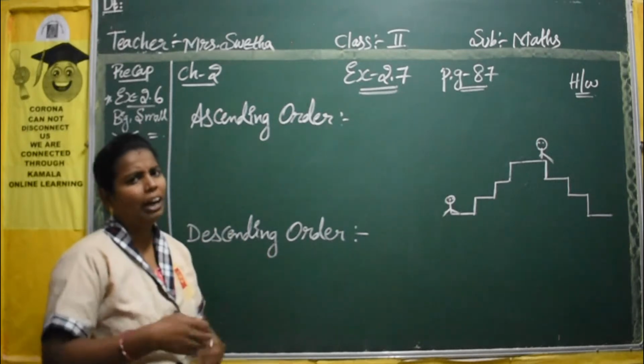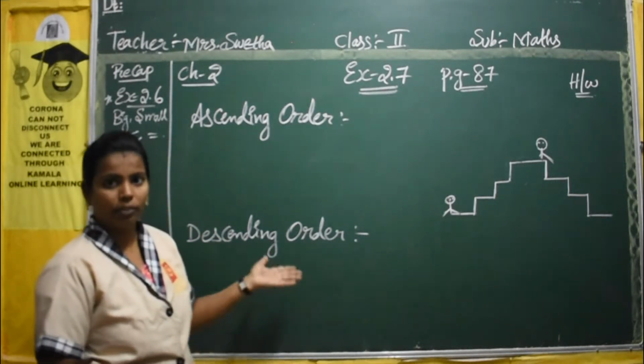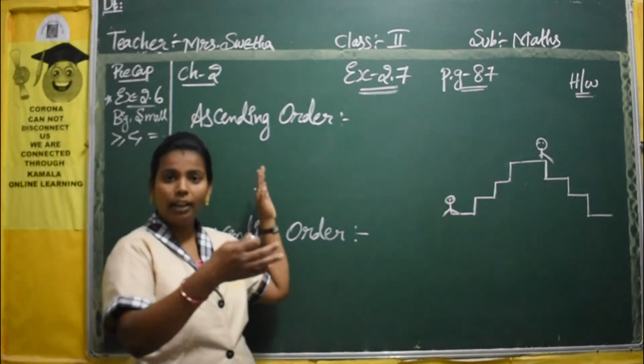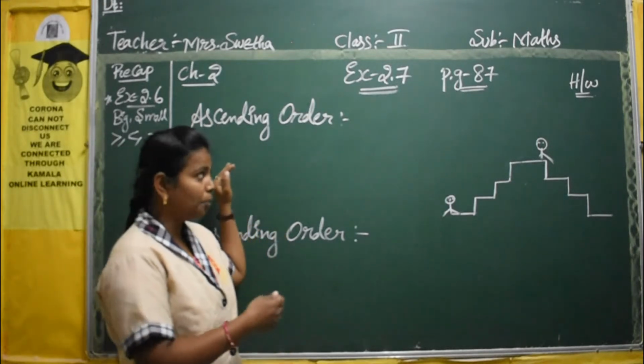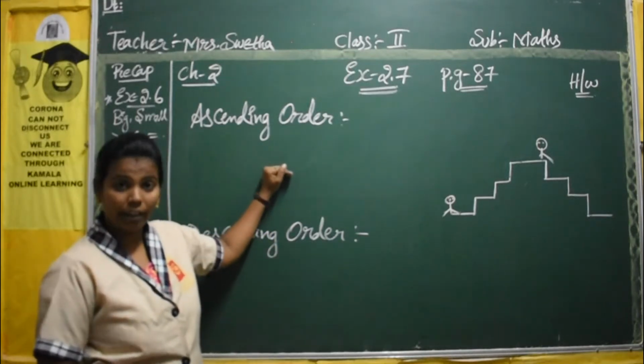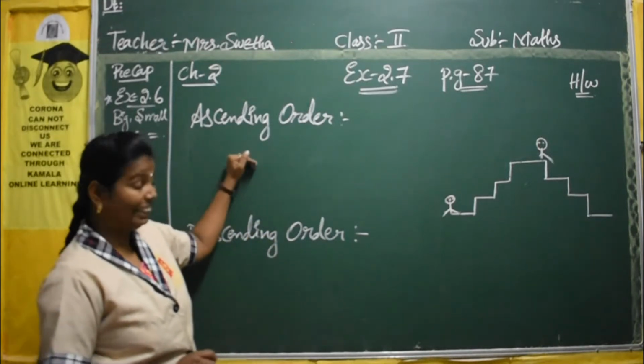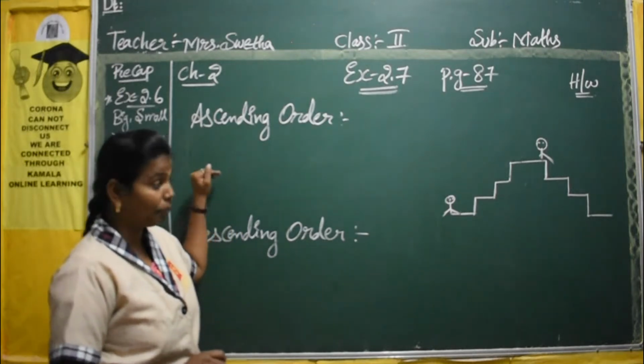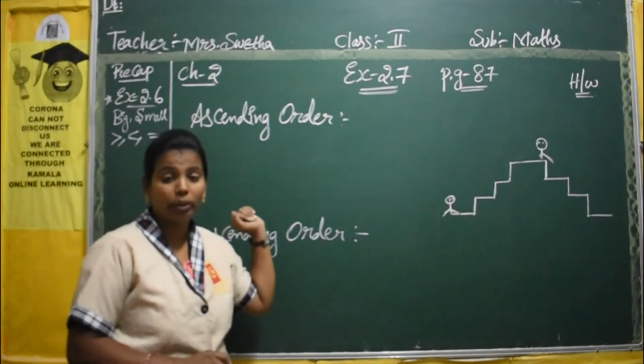I think you learnt it in your previous class, because from UKG and first class this method is introduced. In ascending order, you have to recognize from which order to which order you have to write.